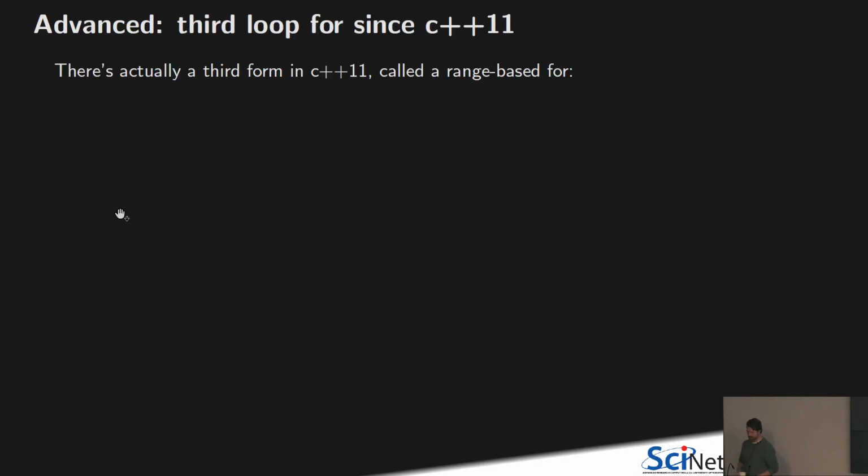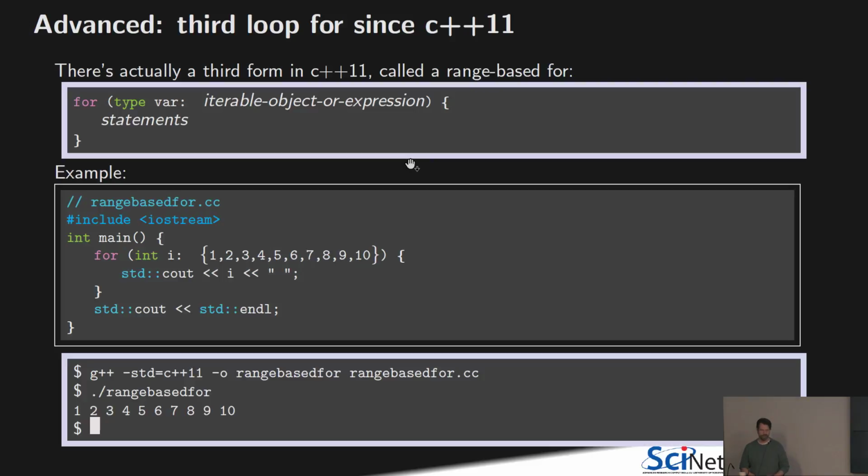Now, just because we're doing C++11, I have to mention that there is a third form of loops, which is called a range-based for, which is very neat, but really only works when you're doing somewhat more fancy data types.